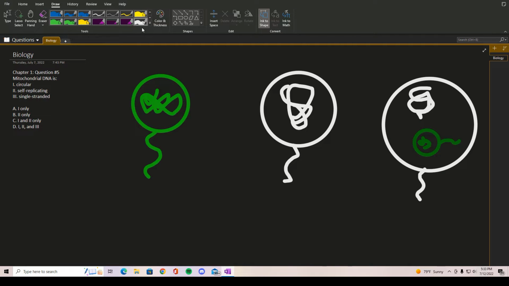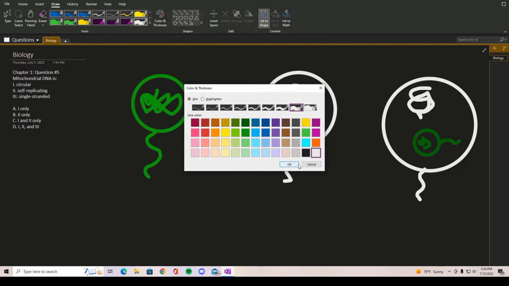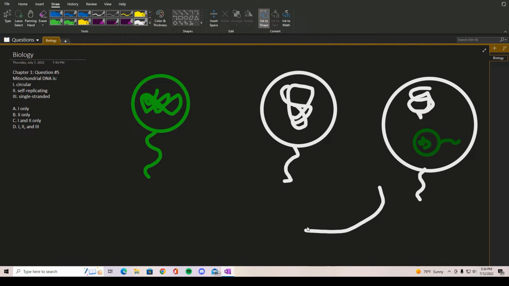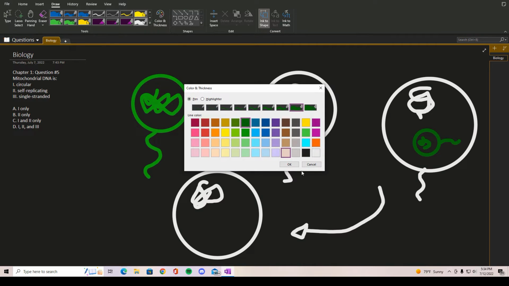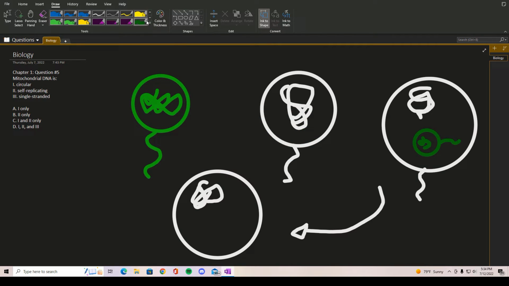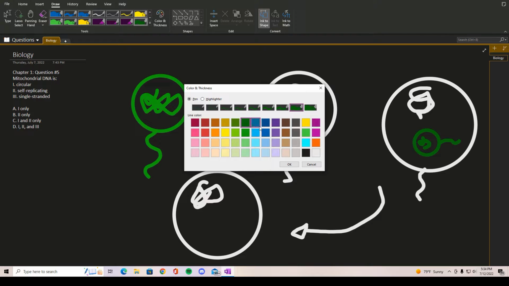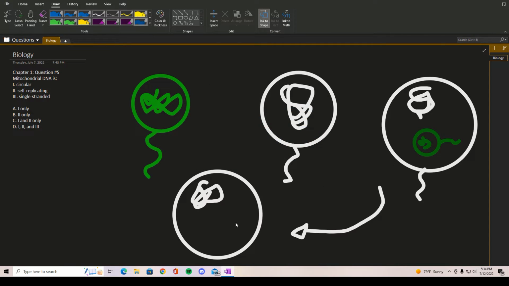But what ended up happening over a very, very long time is that what you see here all the way on the right is what became what is known today as the eukaryotic cell. And this aerobic prokaryote that you see inside of here became what is known today as mitochondria.